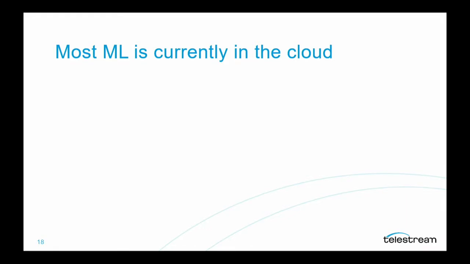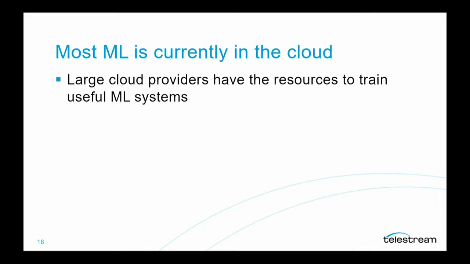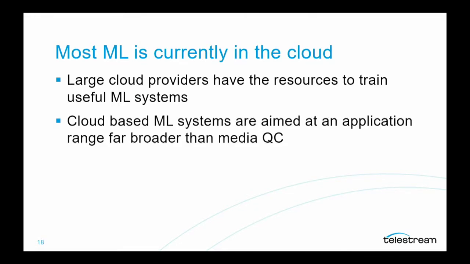As has become abundantly clear from a number of the presentations today, most of the machine learning systems that are practical and used today are cloud-based. A lot of that's because it's those guys that have the money to build these systems and train these systems. And most of these systems aren't in any way, shape, or form aimed at solving QC problems.